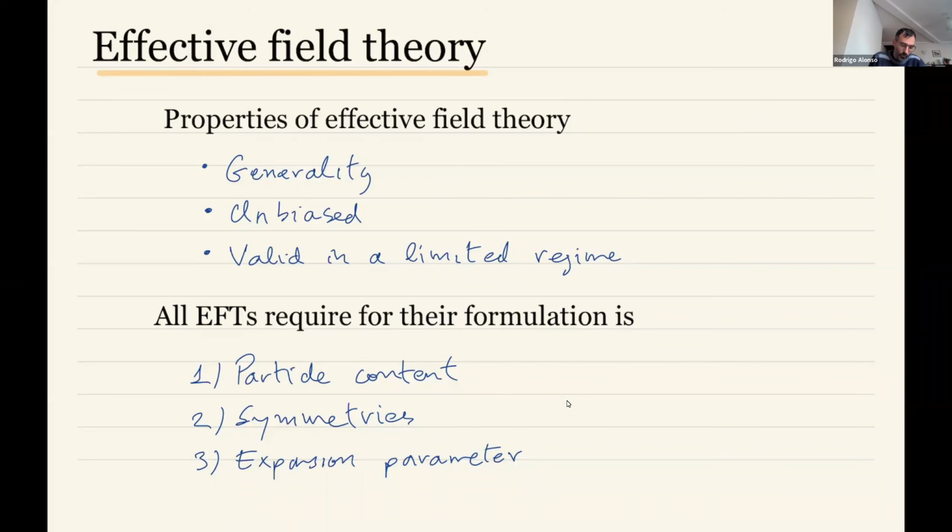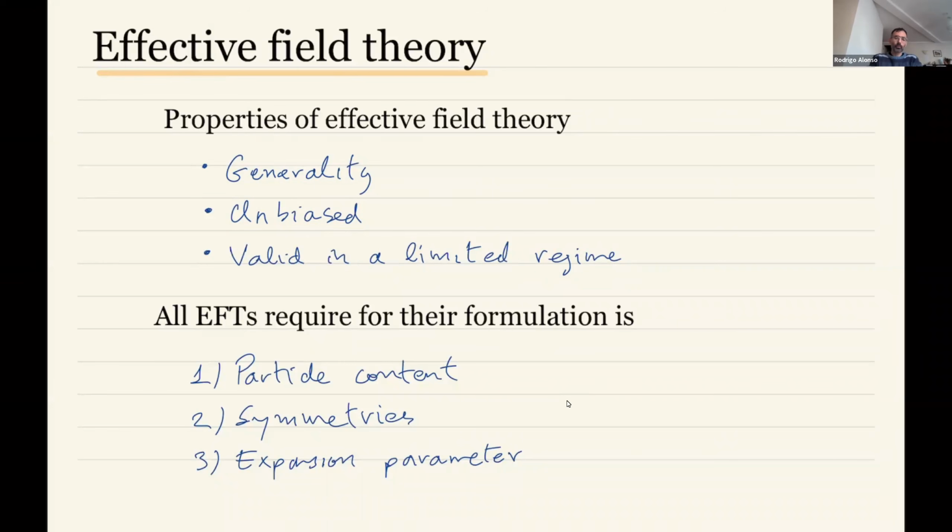It's further unbiased when used in full generality. But it's of course also good to keep in mind that it's only valid in a limited regime. It's not valid everywhere. And at some point, some other description, hopefully a deeper description of nature, takes over.